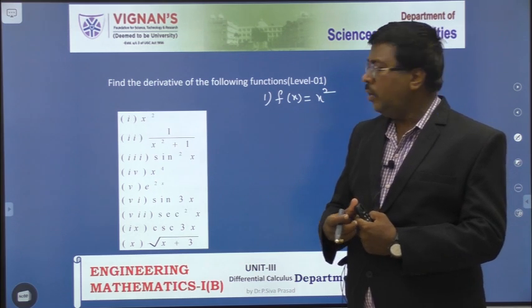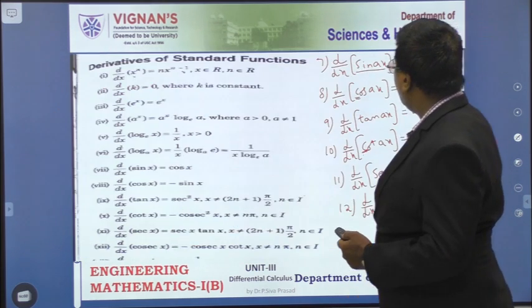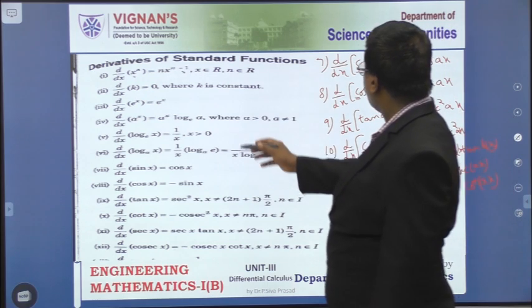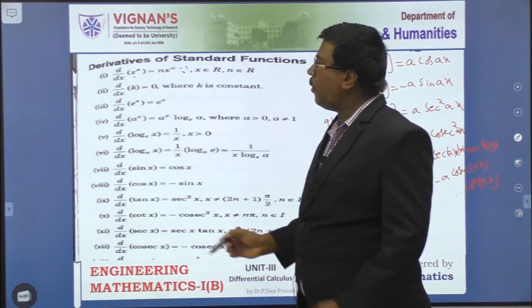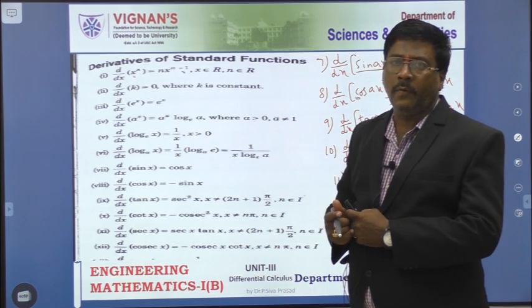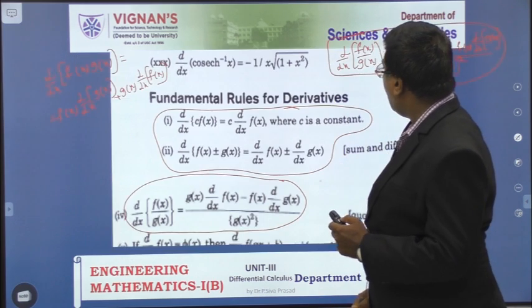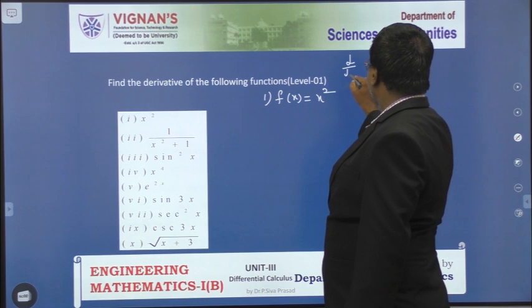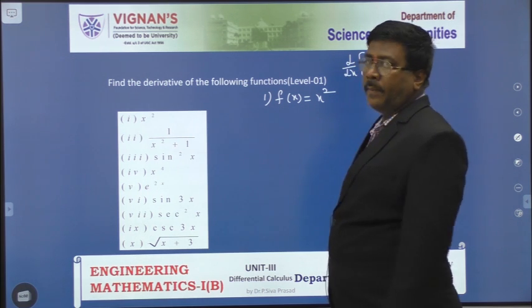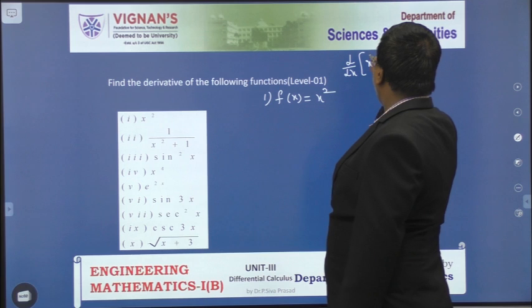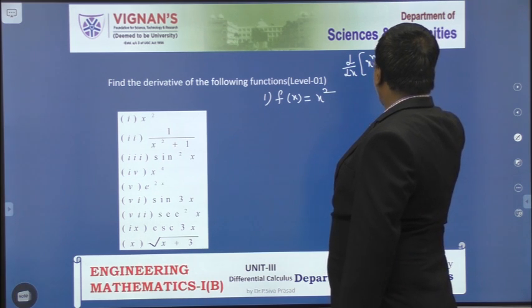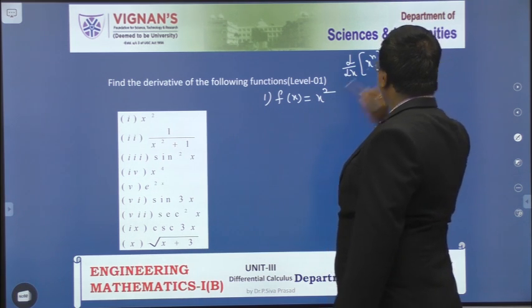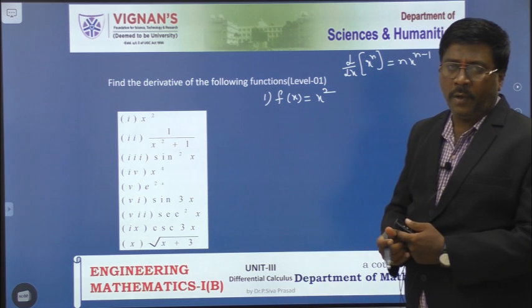So what is the first formula that we have to learn? d by dx of x power n is equal to n into x power n minus 1. Please all of you write down this formula.